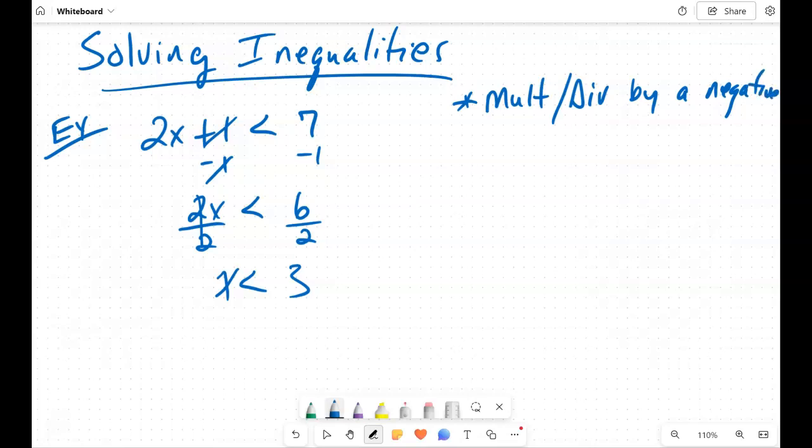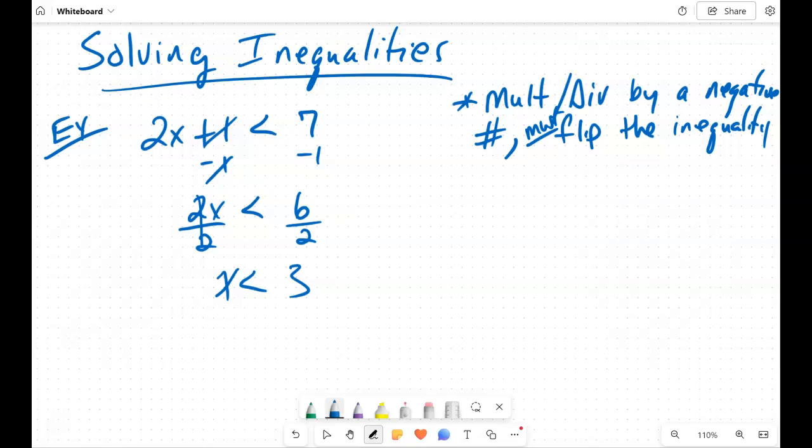As we're solving, when this happens, we must flip the inequality. And we'll look at that in just a moment with an example. But for right now, let's focus on the one we just did. Not inequalities, but inequality. Okay, so this is really the big piece we got to be careful of.